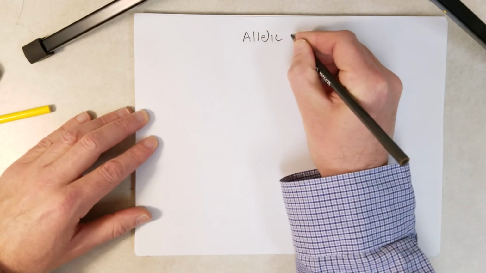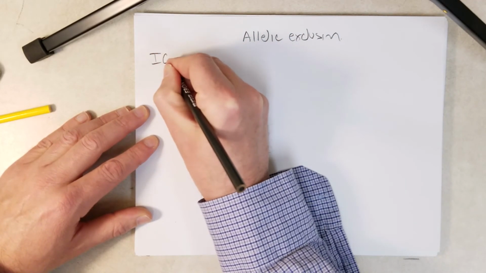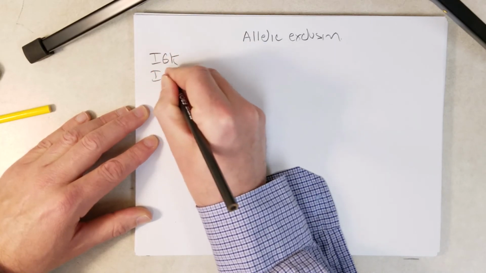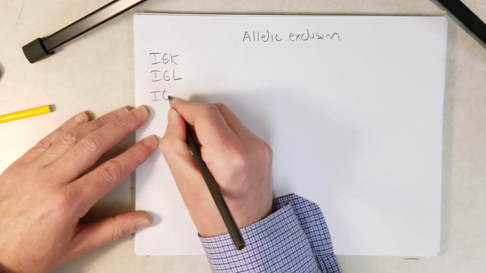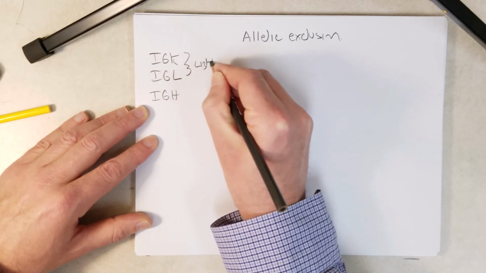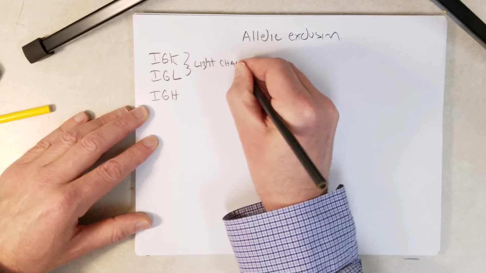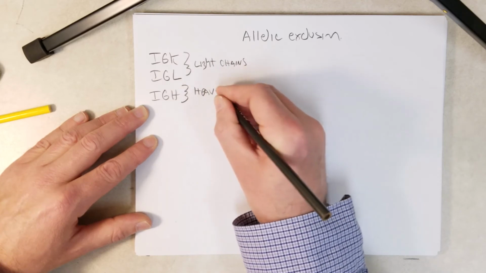Allelic exclusion. Now, as we talked about already, we have IgK loci, IgL loci, and IgH loci. These are in charge of light chains. These are in charge of heavy chains.